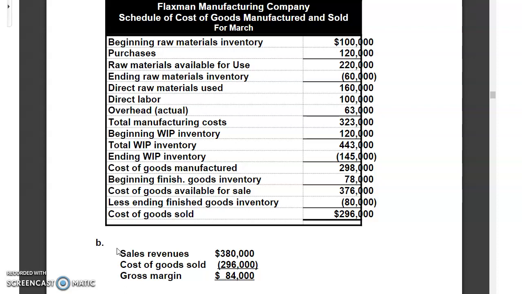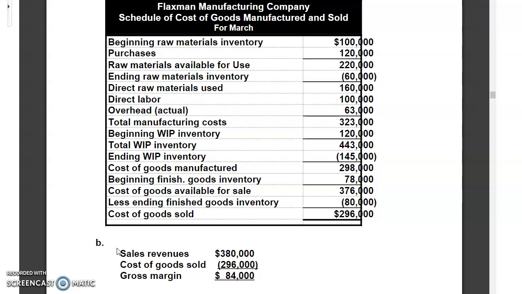Then we add in direct labor. Remember, the three components that go into the cost of inventory manufactured are raw materials, direct labor, and manufacturing overhead. The overhead in this one was given.